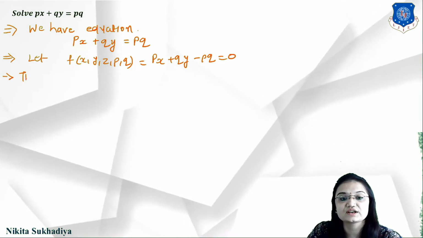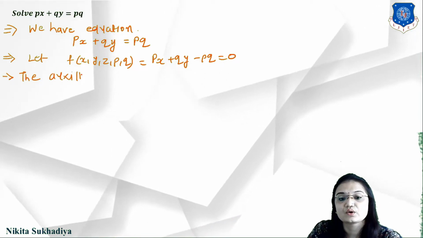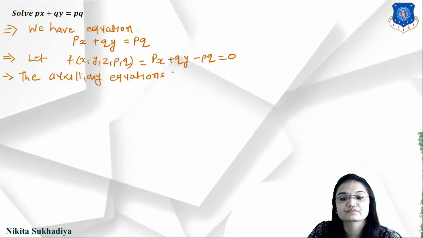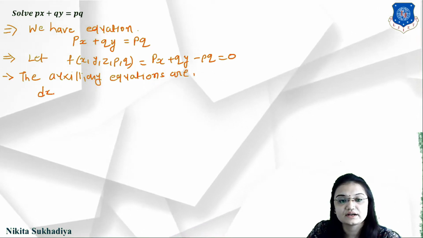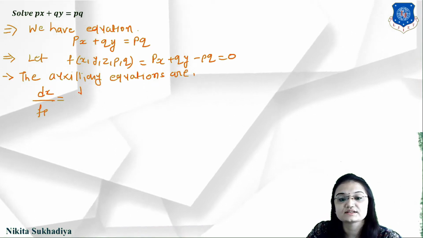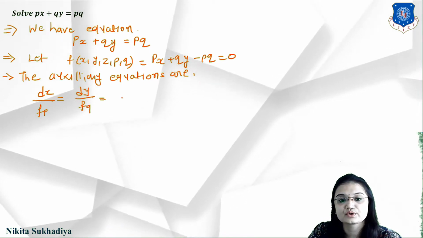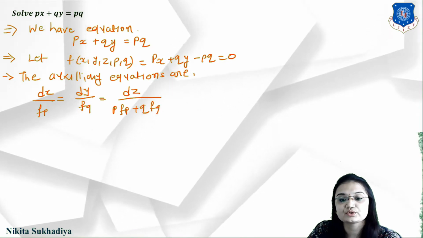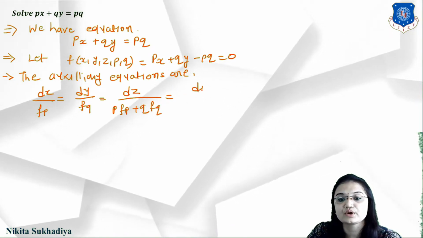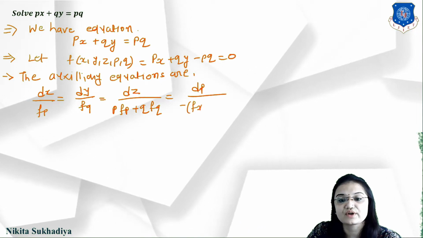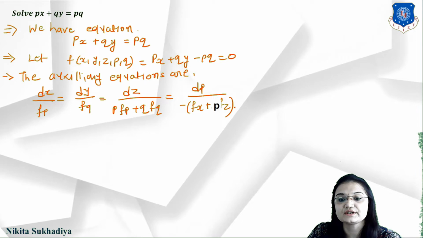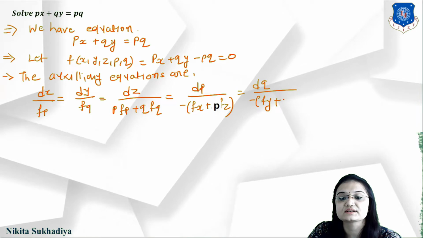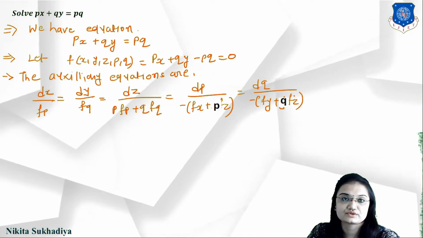Okay, so the auxiliary equations are dx/f_p = dy/f_q = dz/(p f_p + q f_q) = dp/(-f_x - p f_z) = dq/(-f_y - q f_z).